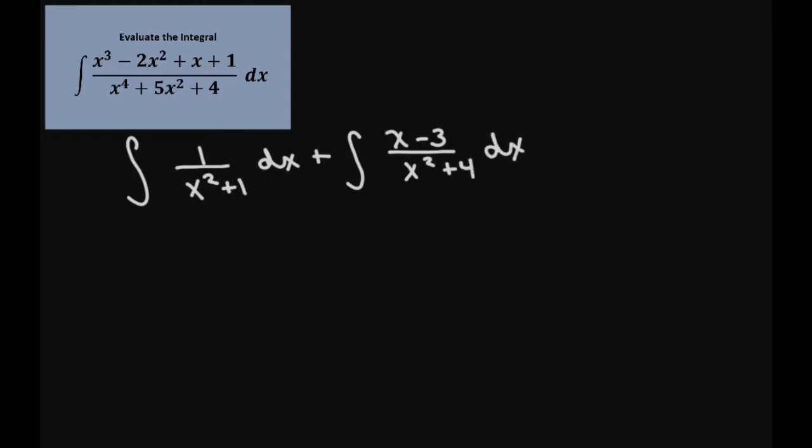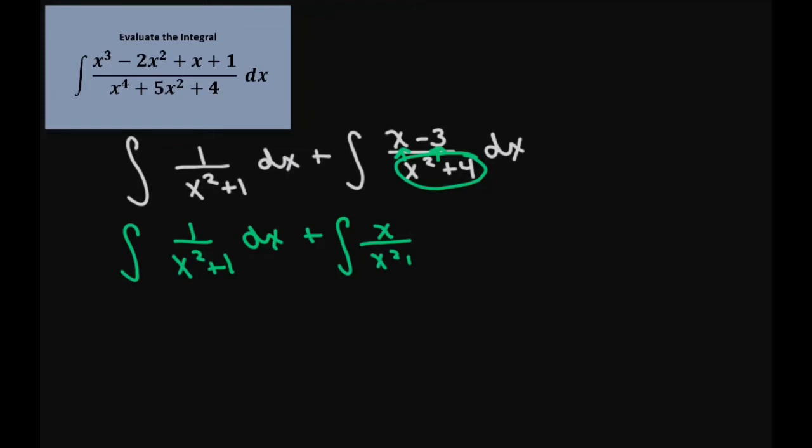I can further separate this out as the integral of 1 divided by (x squared plus 1) dx plus, and I'm going to put the common denominator under each piece, the integral of x divided by (x squared plus 4) minus 3 times the integral of 1 divided by (x squared plus 4) dx.